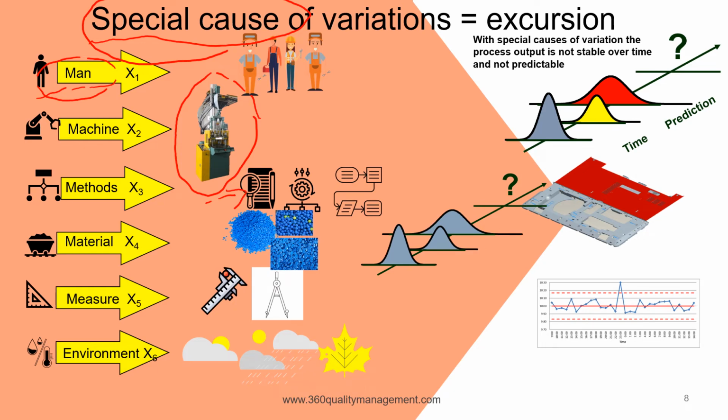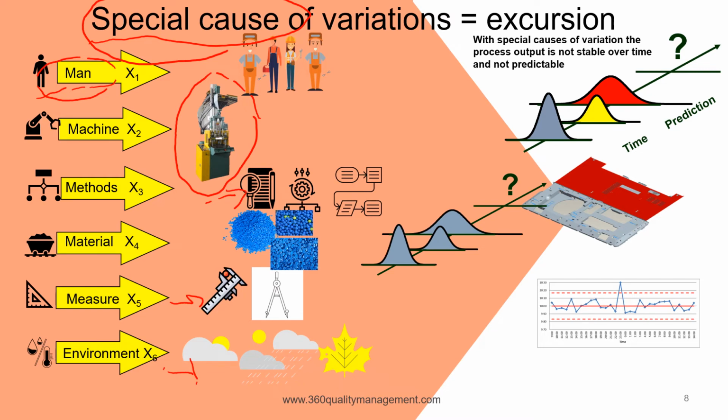The material itself, there could be a new batch of material, or the supplier is giving material that comes with special cause variation, or there could also be a new vendor that is not qualified, and the measurement process, the environment which is out of control.